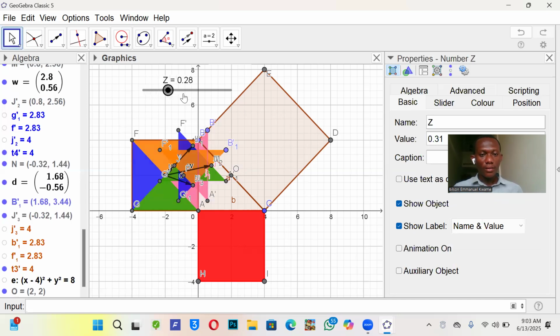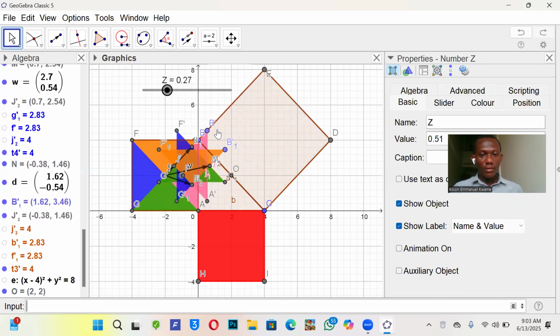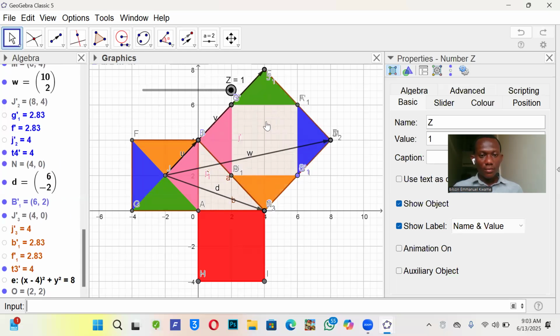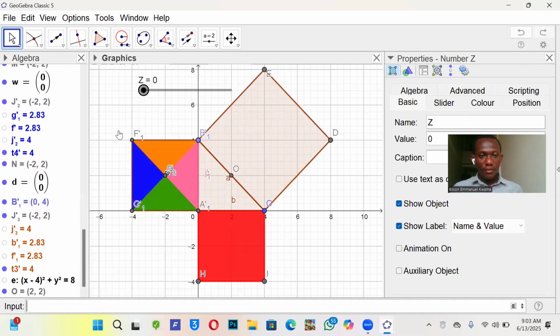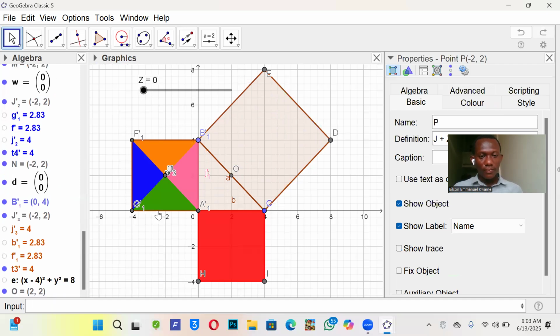Let me see what was created. So we come to the input field, J plus Z. Then we point on.